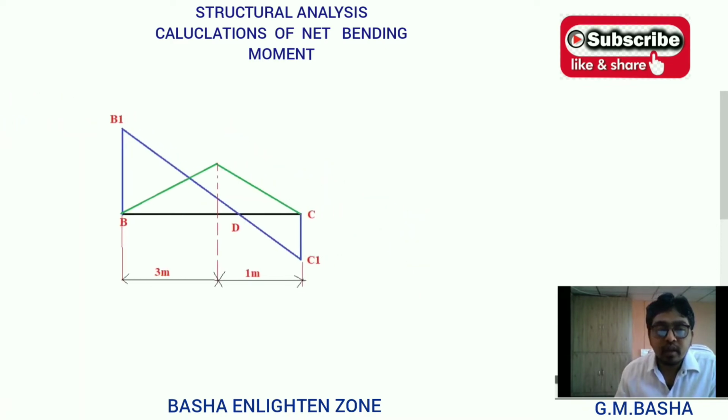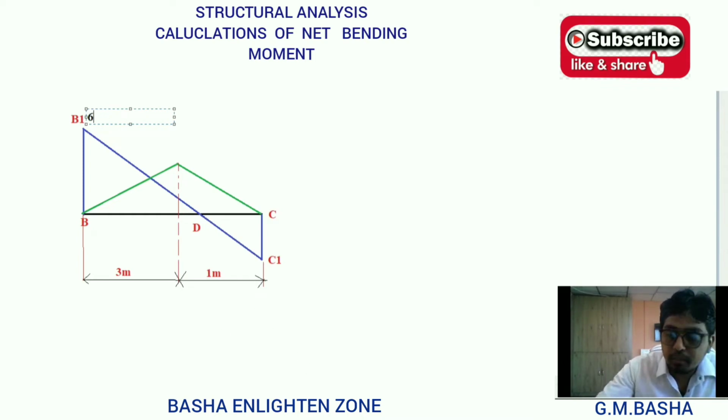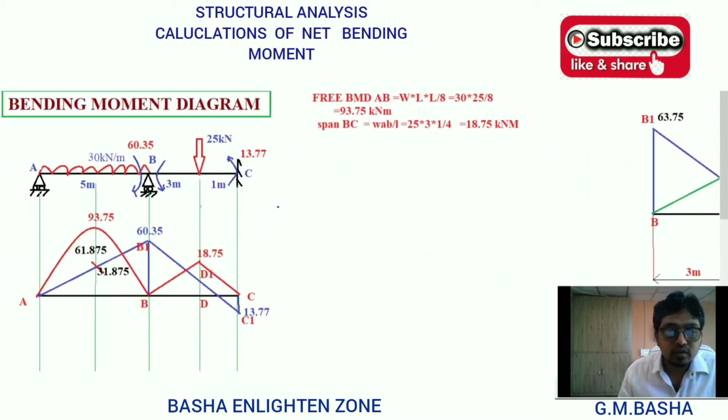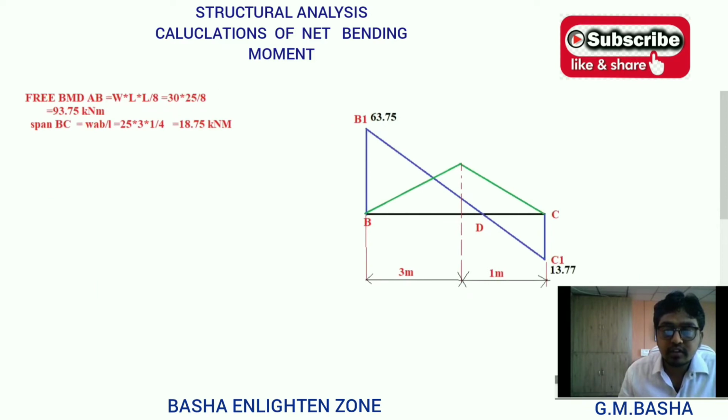Based on this we are calculating the net bending moment values. Already you know the ordinate point of this one will be 63.75. At the same time the ordinate point for this one will be 13.77. Check the values, 60.35 and 13.77.